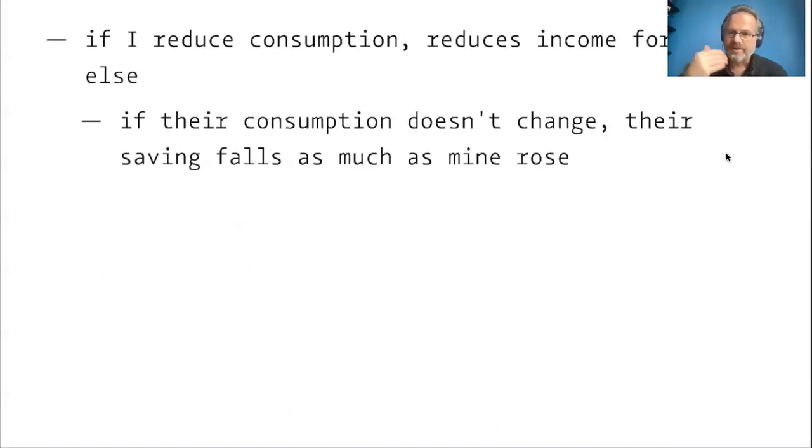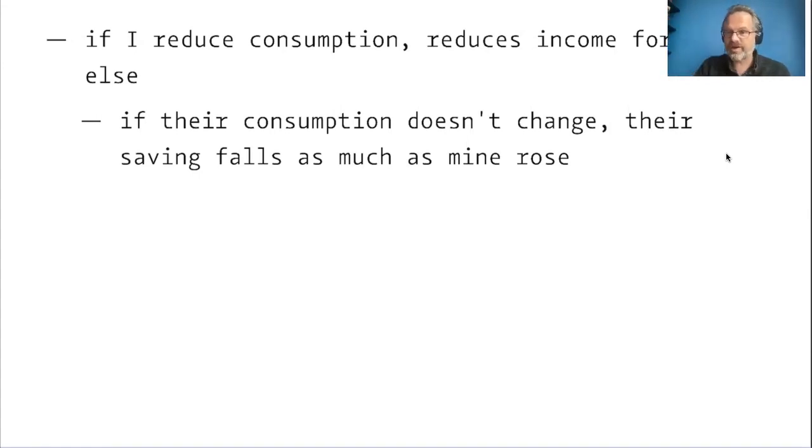So let's imagine this. You were spending $100 on consumption over some unspecified period of time. This period of time, you spend $90 on consumption. You've reduced your spending by $10. You've increased your saving, assuming your income hasn't changed. You've increased your savings by $10.